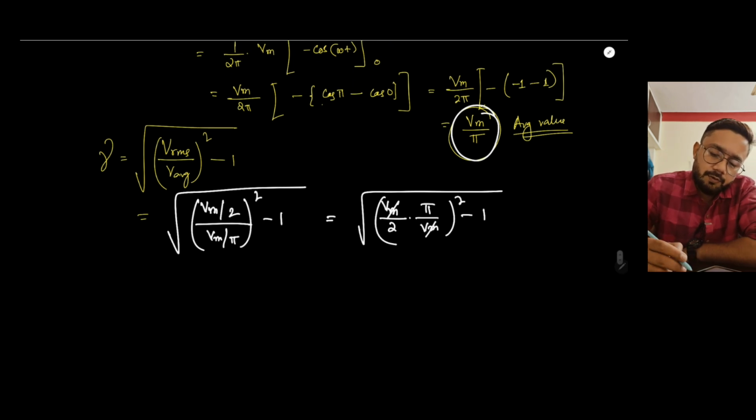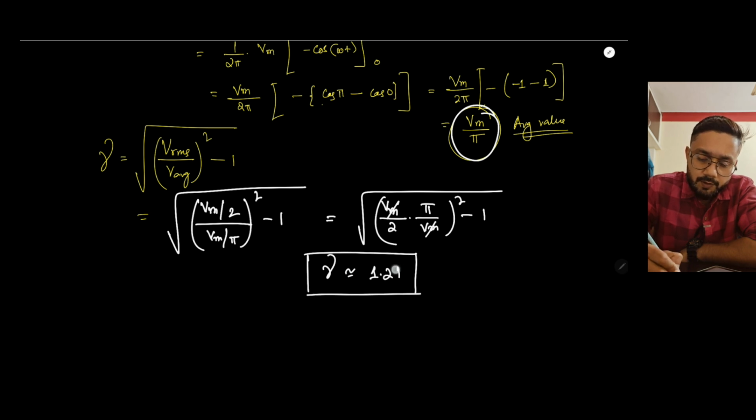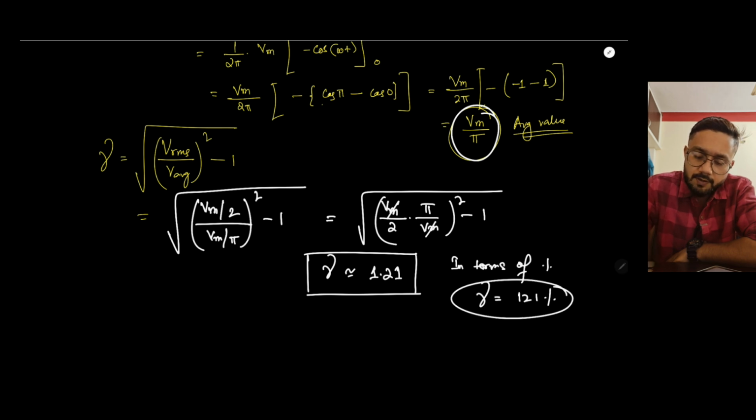So now if you calculate, you will get the ripple factor approximately 1.21. Okay, so in terms of percentage, ripple factor is equal to 121%.